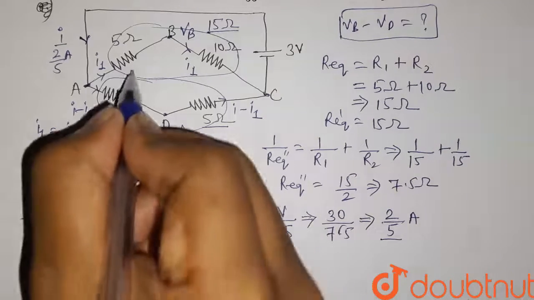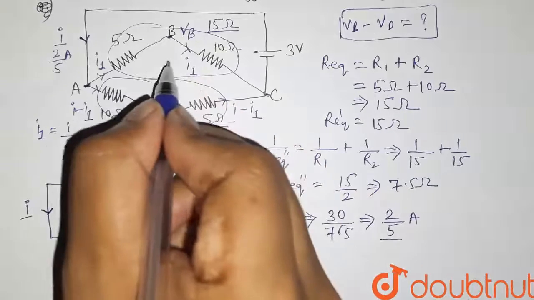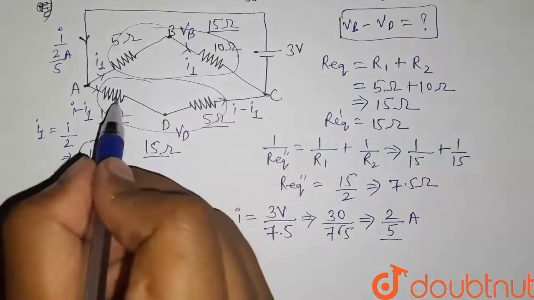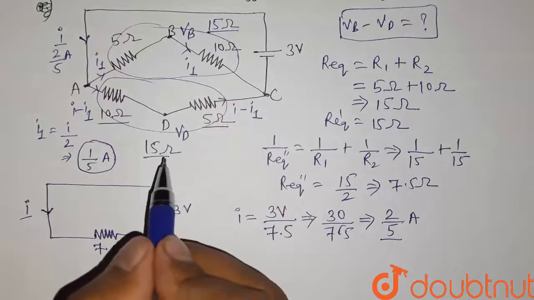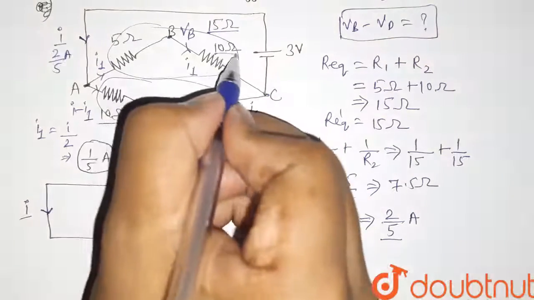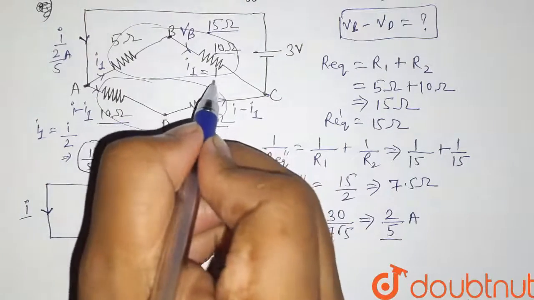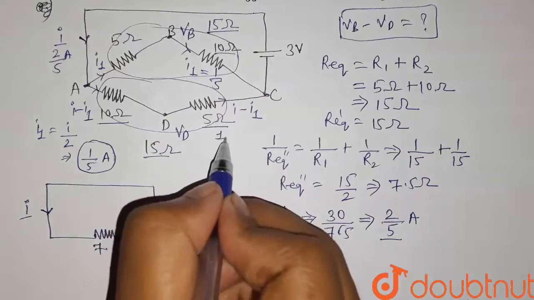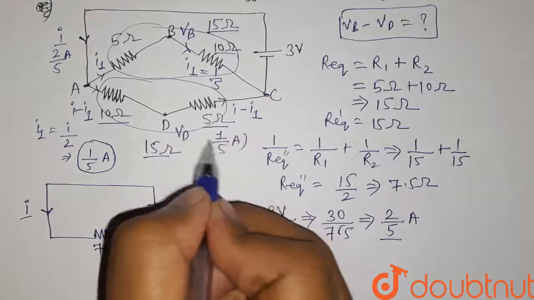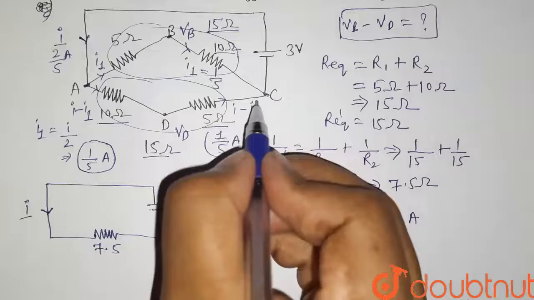So the current passing through this branch is 1 by 5 ampere, and also through this branch it is 1 upon 5 ampere. So the current through this 10 ohm will be 1 upon 5, and through this 5 ohm it is also 1 upon 5 ampere.